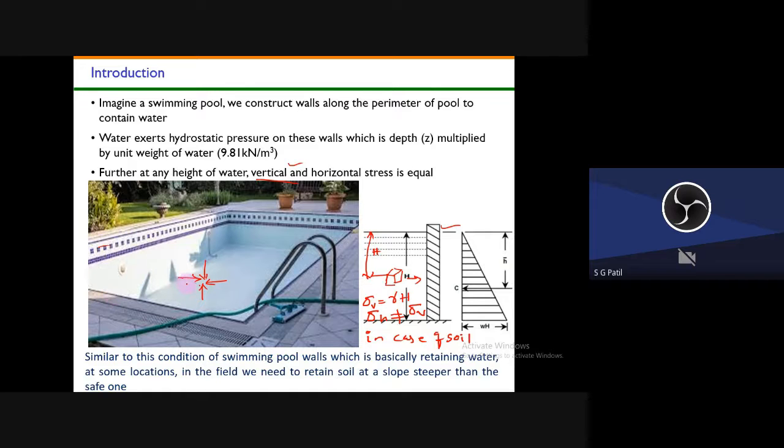So the reason behind was the pressure: the water will exert equal pressures in all directions. Okay, you take any direction, horizontal, vertical, from bottom, from left, right, all the stresses will be the same here in the water.